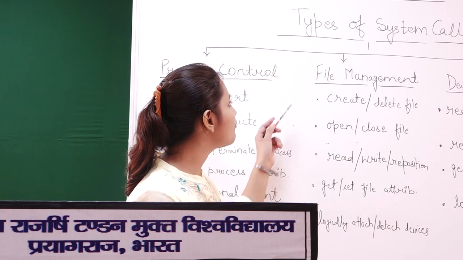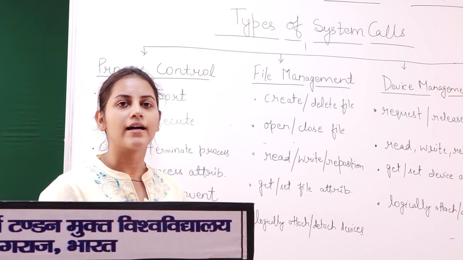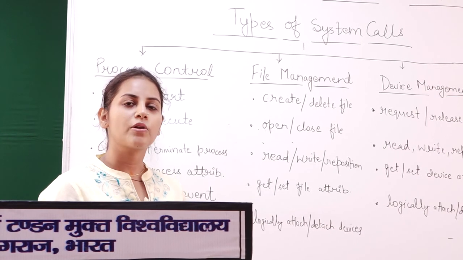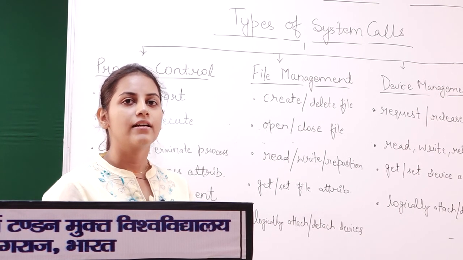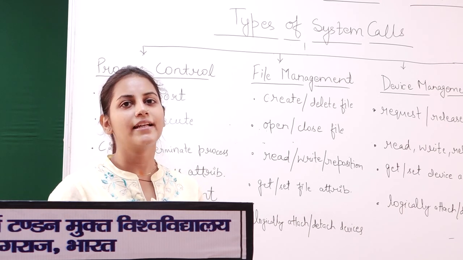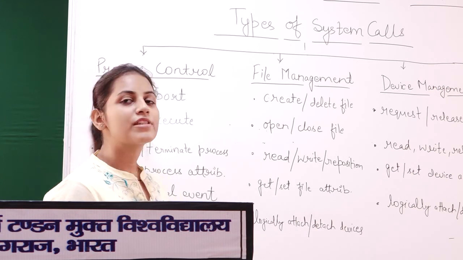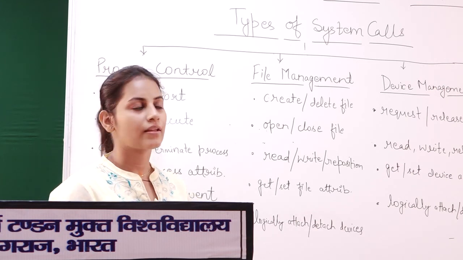Now let us move to file management. As you know, one of the important parts of the operating system is to provide help in accessing the information that is stored on the disk in terms of files and directories. For this, different types of system calls are provided.